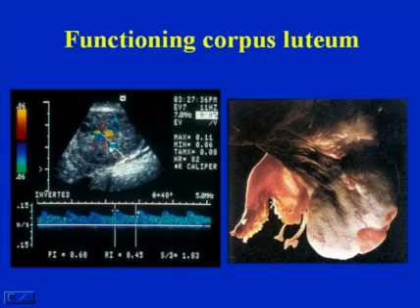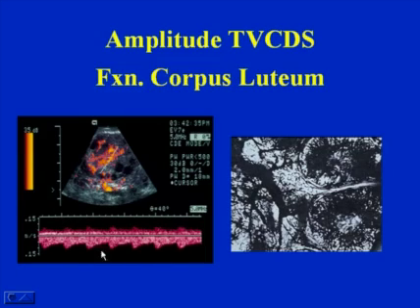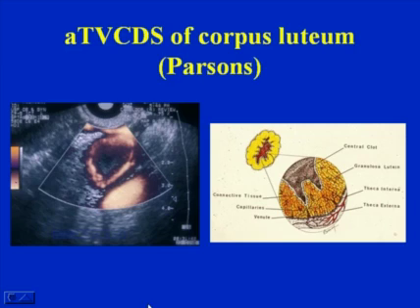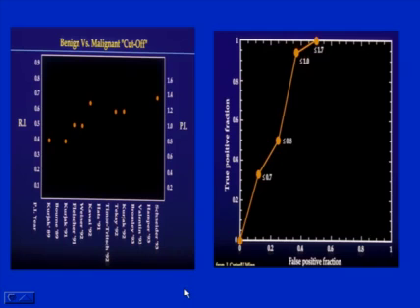And again, as I mentioned, there's low impedance flow resulting from the corpus luteum, and the wall of the corpus luteum, the vessels, give a very low impedance value. And with power Doppler, we're beginning to see the branches, the small branches, from the wall in a corpus luteum, as shown here. And anatomically shown here is these very tiny vessels in the wall of a corpus luteum.